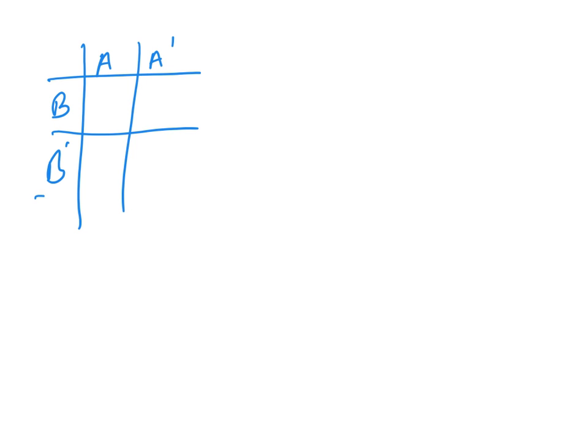So this is A intersection B, and here we have A intersection B complement, and this is A complement intersection B complement.